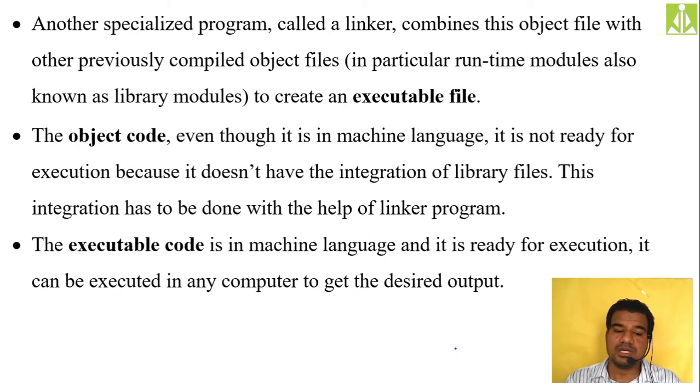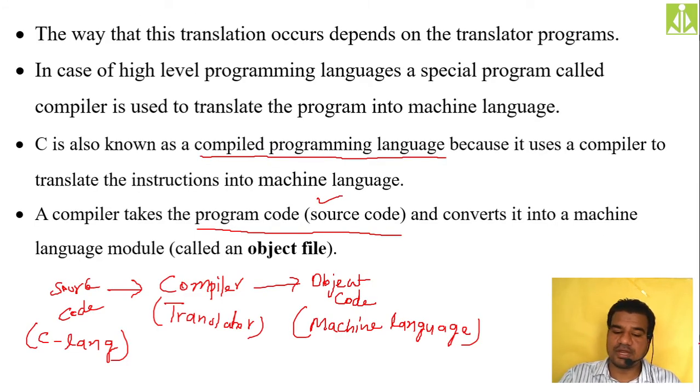Hopefully you understood. So another specialized program called a linker. Linker is also used to combine the object file with the previously compiled object module, and we call that final module an executable file. So object file we are getting over here, object code we are getting over here, and this object code will be added with other pre-compiled modules.